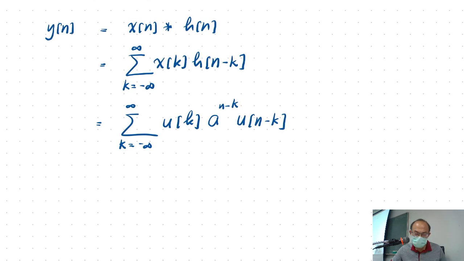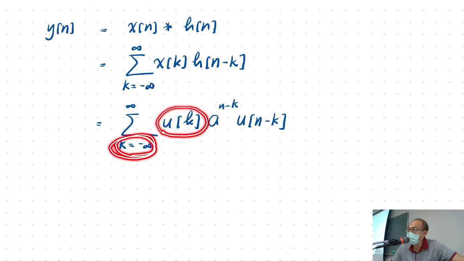Now, we need to think about this. The first thing that we should look at is u of k. We know the value of u of k: it is 1 whenever k is 0 or greater. But if k is negative, u of k would be 0. So the summation here has to start from 0, otherwise u of k would be 0.